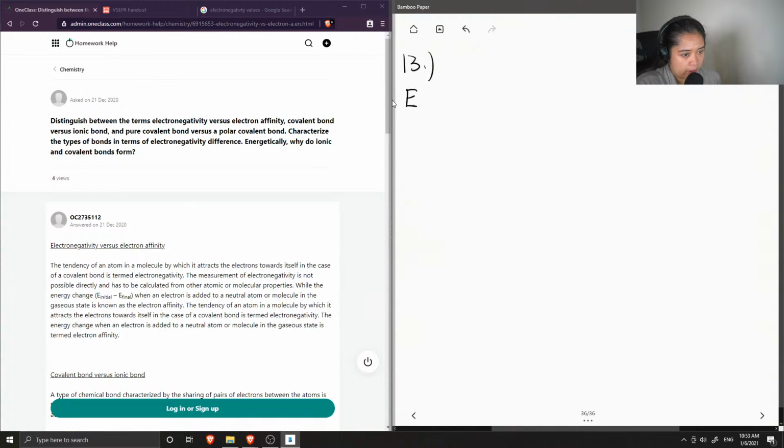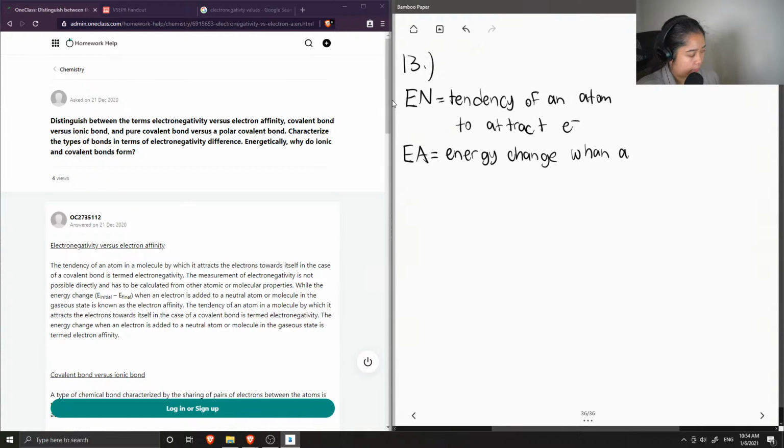So first, electronegativity is the tendency of an atom to attract electrons, and electron affinity is the energy change when an electron is added to a neutral atom or molecule.